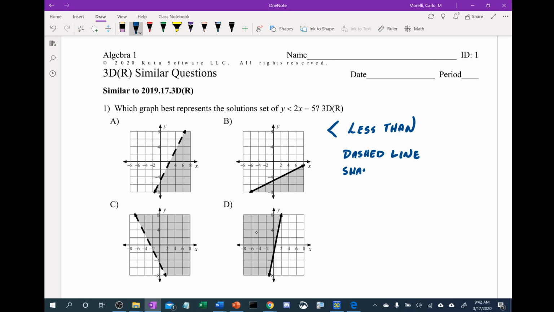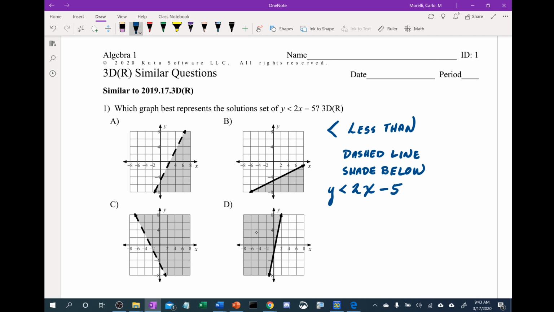So we'll shade below. Now that right there is often enough to answer the question, but let's check the rest of the information. We have y less than 2x minus 5.